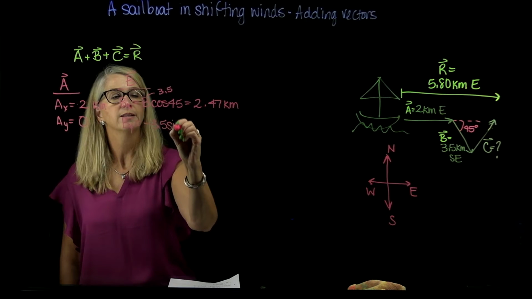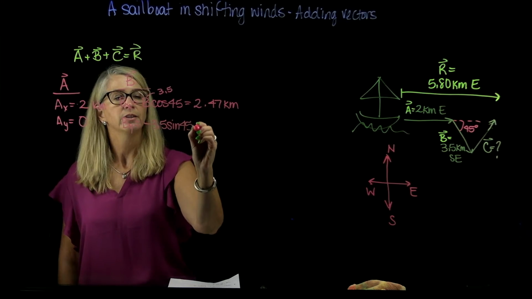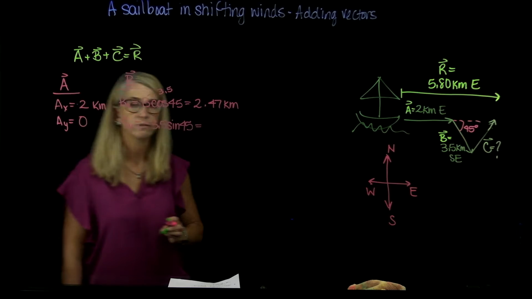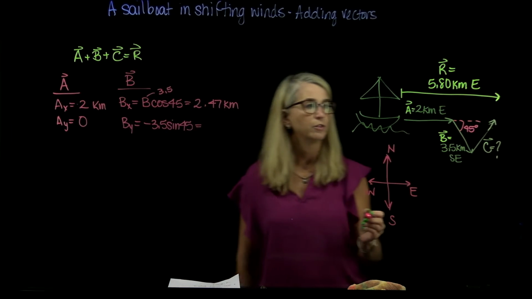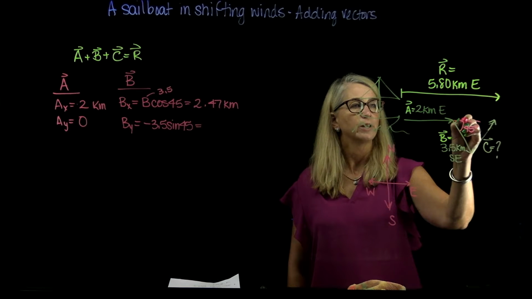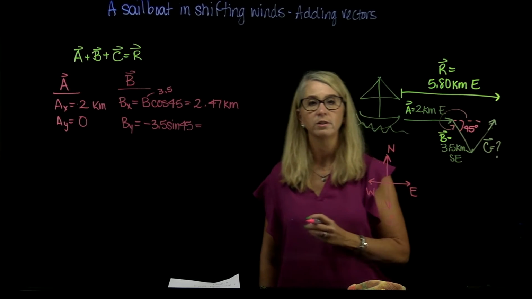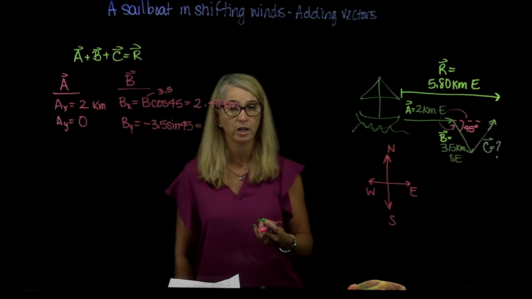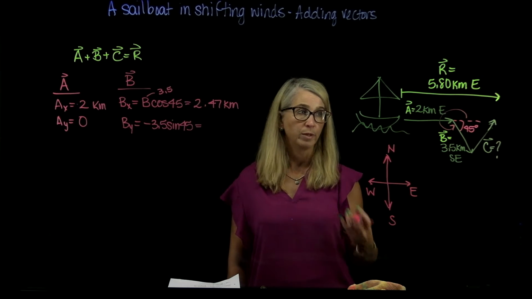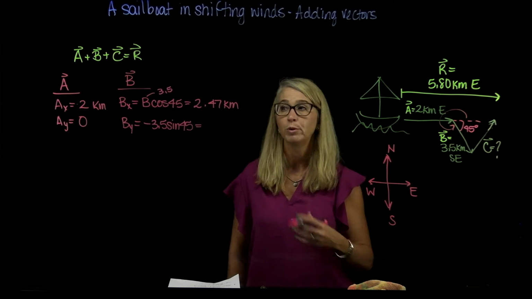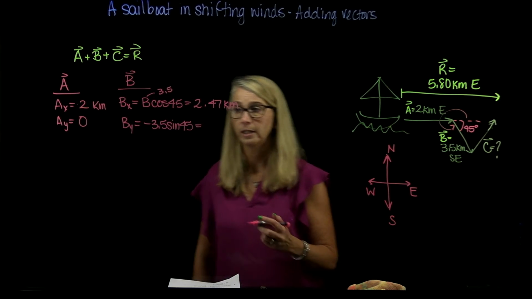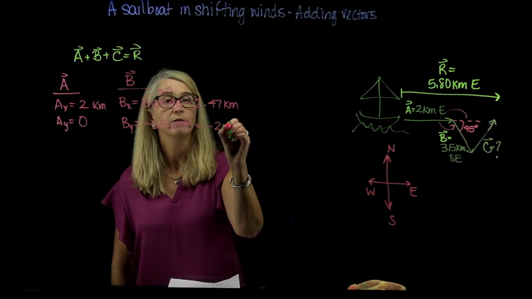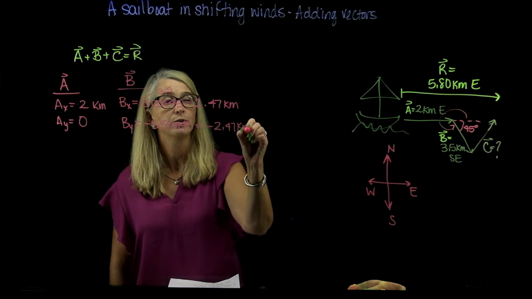I'm going to put in that sign because taking the sine of 45 degrees would not give me a negative sign. I would actually have to measure the angle all the way around and use that big obtuse angle in order to get the negative sign automatically. But because I know it's pointing down, I can put in that negative sign. I know that it's negative. This will be minus 2.47 kilometers.